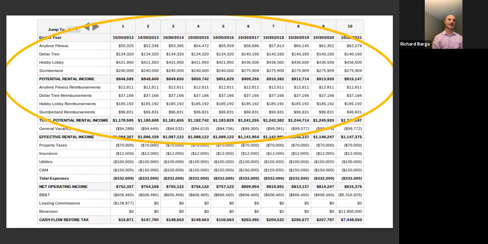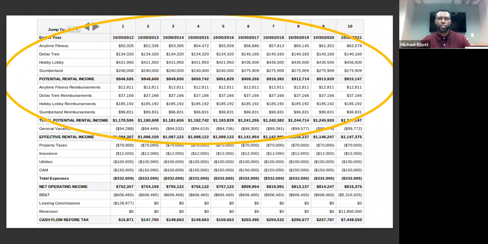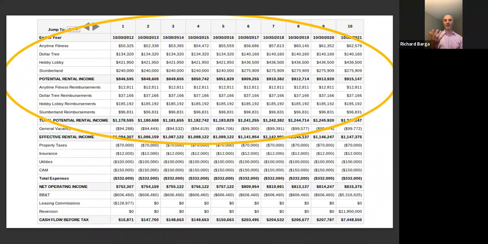The pro forma is the basis by which all of the bones of the dollars and cents that go into your real estate project get analyzed. And so every little line item here is designed to give you some type of understanding about what is happening at your real estate project.